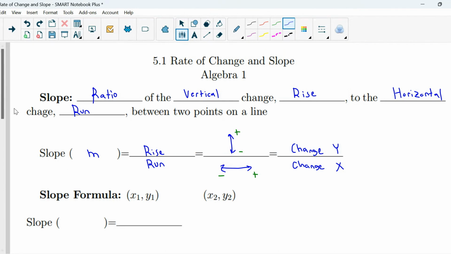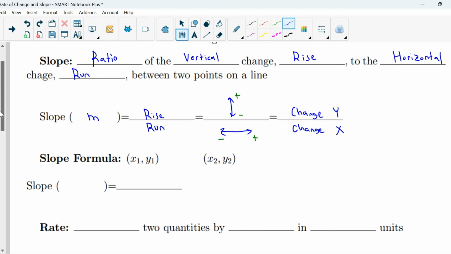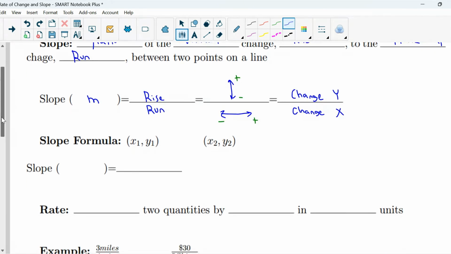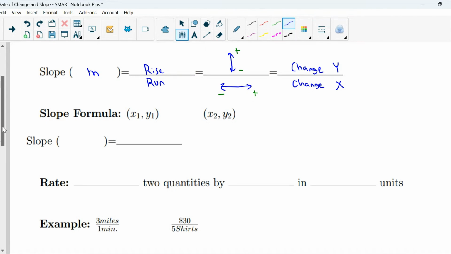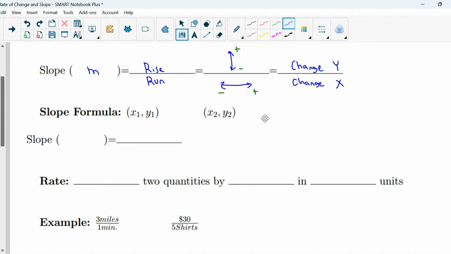Okay, so a super important formula that you guys need to memorize for, honestly, the rest of algebra, and if not the rest of high school math, is the slope formula. With the slope formula, we're looking at two different ordered pairs. We call our first ordered pair x1 and y1, and our second ordered pair x2 and y2. So slope, which is m, uses our ordered pairs x1 and y1 and x2 and y2 to represent our slope formula.